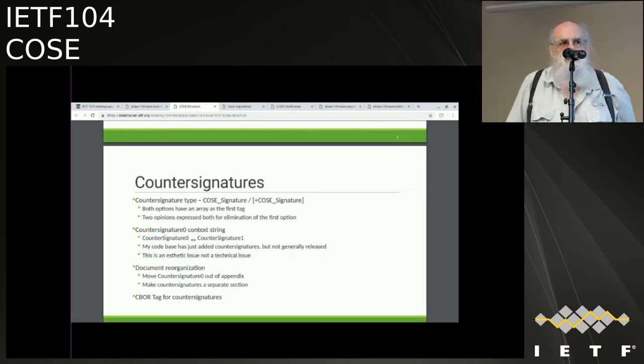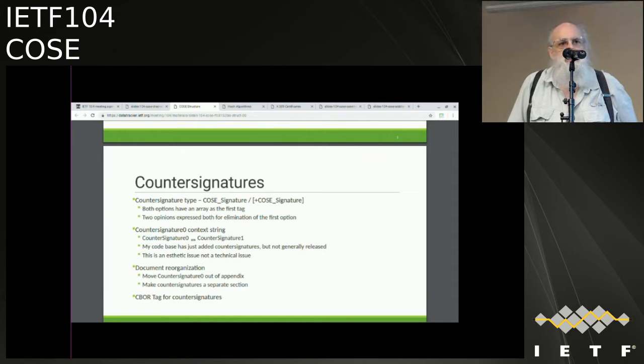The counter signature 0 stuff was added kind of at the last minute when we were doing the original document. So right now, all of that stuff is sitting in an appendix. So just as a pure editorial reorganization, we probably should move the counter signature 0 stuff out of the appendix and put it in with the same counter signature stuff.